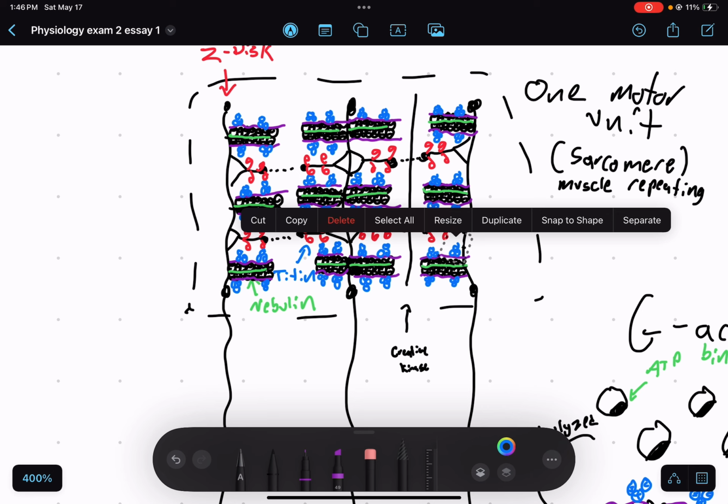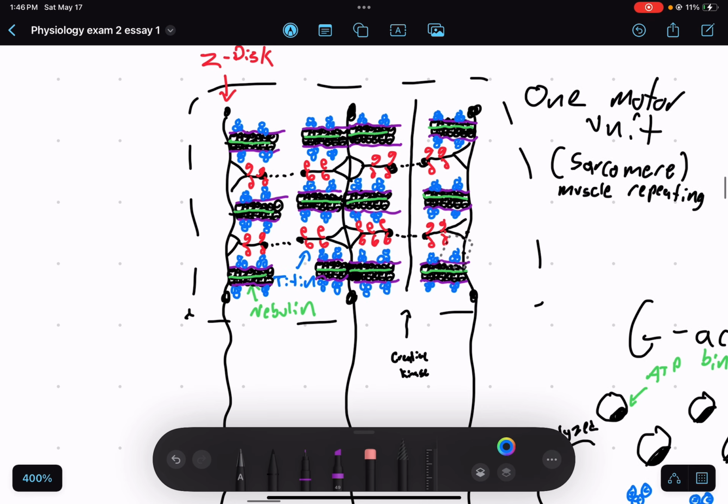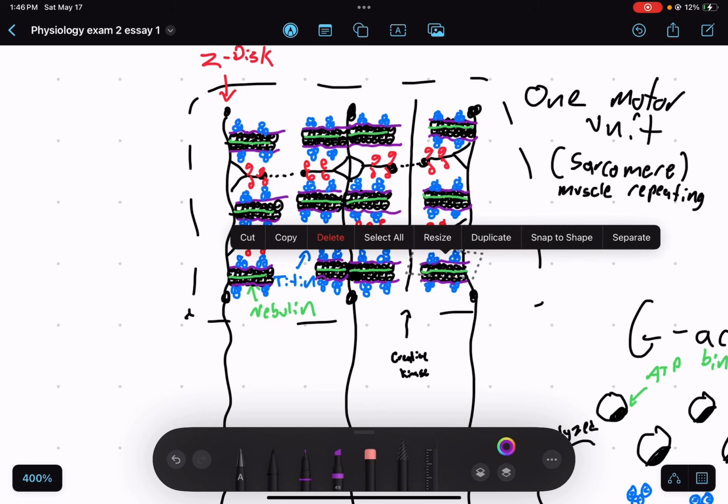But then this purple unit right here is the tropomyosin, which is blocking a binding site for the myosin. And below the tropomyosin is your G-actin.